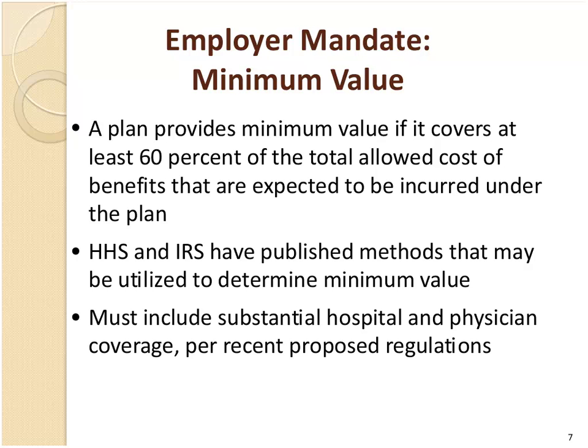In order for the coverage to count, in order for offering coverage to substantially all, i.e. 95% of the employees, it has to have at least minimum value. And as I said before, that's equivalent to the bronze level. It has to be designed to cover 60% of the total allowable cost of benefits that would be expected to be incurred.